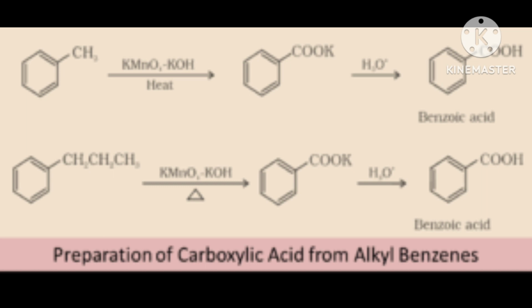Then on heating in presence of KMnO4, KOH, means alkaline KMnO4, this compound will give, same way, it will convert to COOK. Okay, because three carbons are there: CH2, CH2, CH3.